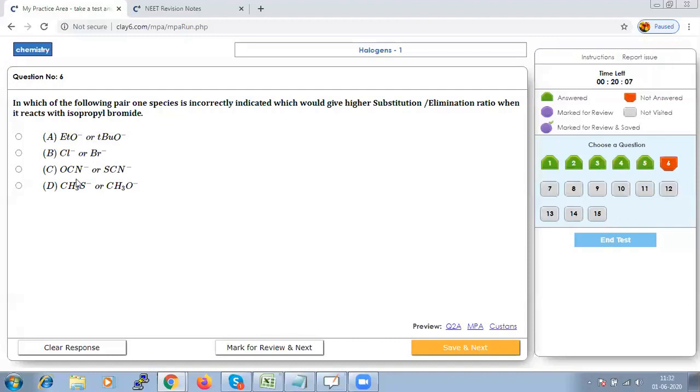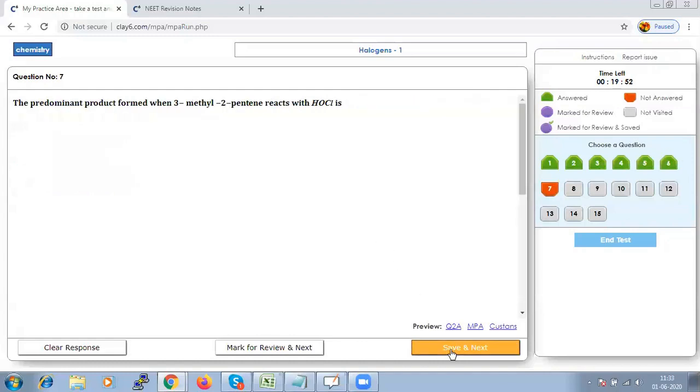So if we talk about this, this one is incorrectly matched. Hence option C should be the right option. Save that and go to next.